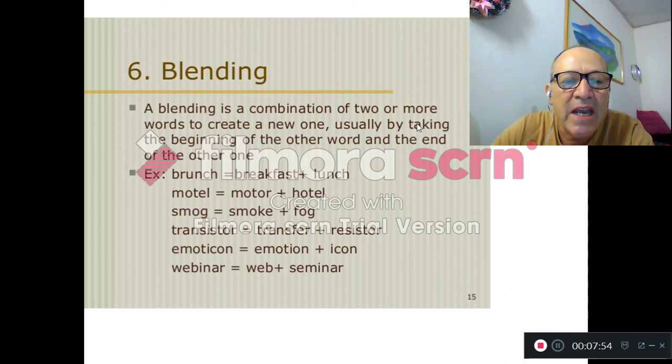Let's go to see emoticon. We have emotion and icon. We take the beginning of emotion and the end of icon. The result is emoticon. Now, we'll see webinar.